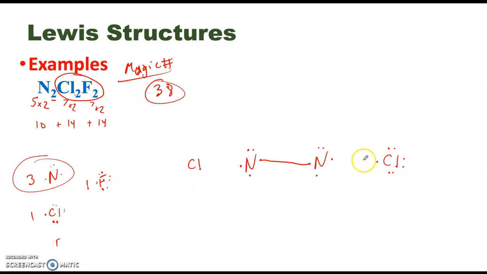Now this chlorine wants to find, this dot needs to find a buddy. I'm going to buddy it up here. This one, don't forget your extra double dots around the outside here. And then we've got fluorine, single, double, double, double, double, double. There we go. Let's pair those up.